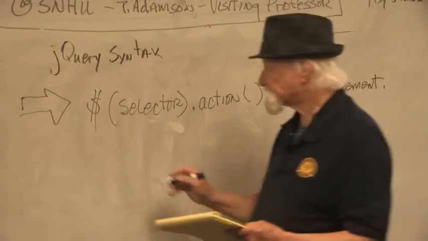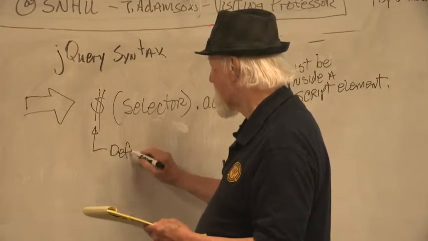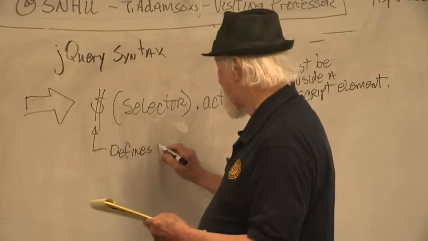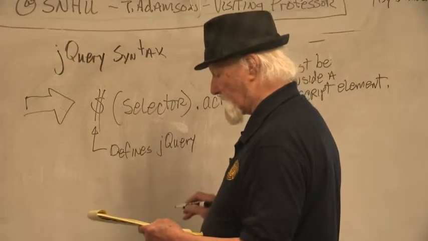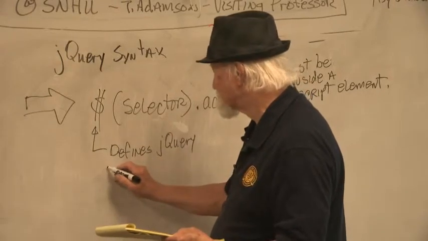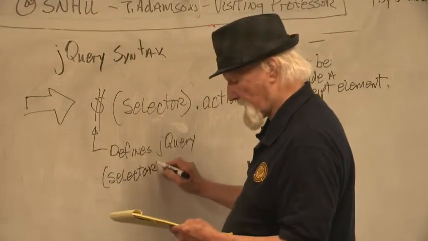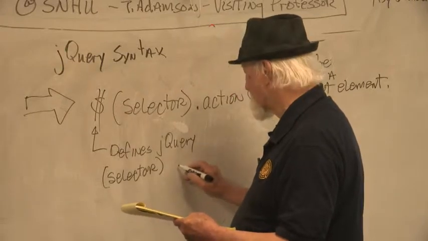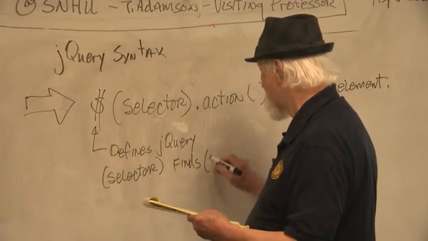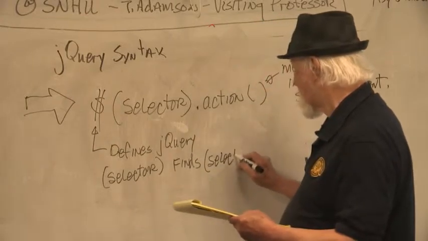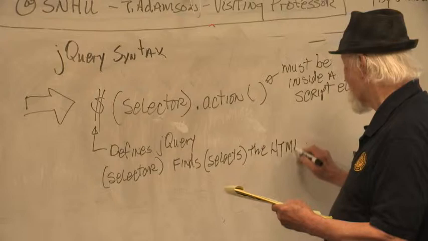Okay, so let's look at what this $ sign means. This defines jQuery. The selector finds or selects the HTML element.